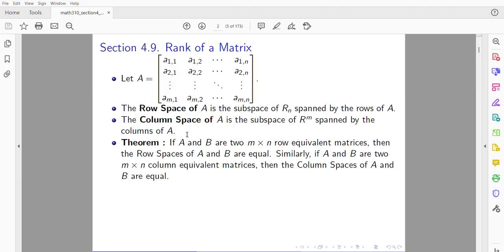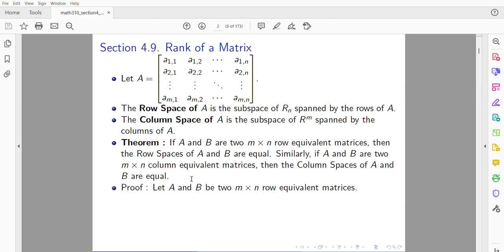Likewise, column equivalent matrices are obtained from each other using elementary column operations. So if one matrix is obtained from the other using elementary row operations, the theorem says the row spaces are equal. Likewise for elementary column operations, the column spaces are equal.